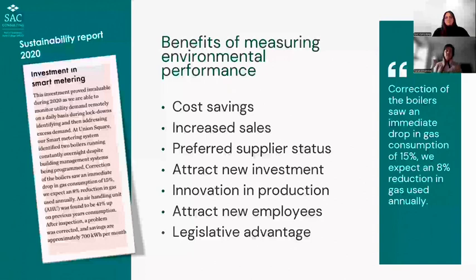So, start small, as Louisa said. Start identifying your peaks, your drops, your trends, what's happening. Is this meant to be happening in the operation? And start implementing changes, measuring the impacts of those changes, and hopefully seeing improvements as well. I think that's enough from me.